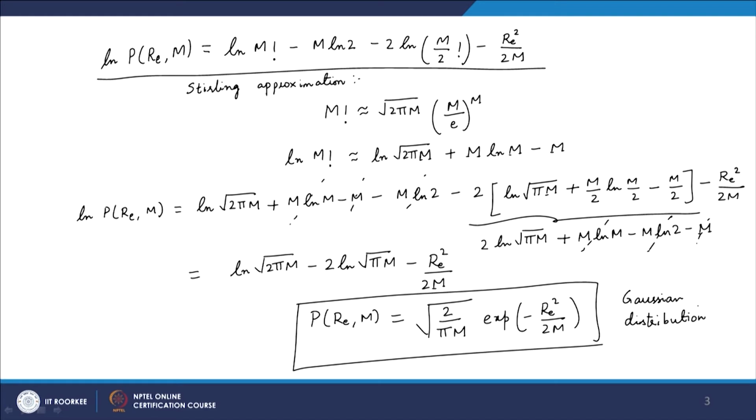Now we can see from here that when the RE value is very large, the probability of finding that RE will be smaller, because RE appears in the exponential with a negative sign. So configurations which are more stretched, having a higher value of RE, will be less probable. The smaller values of RE for the same reason will be more probable.